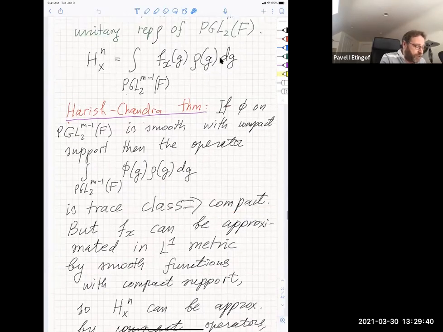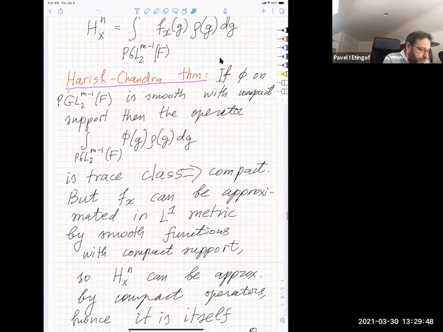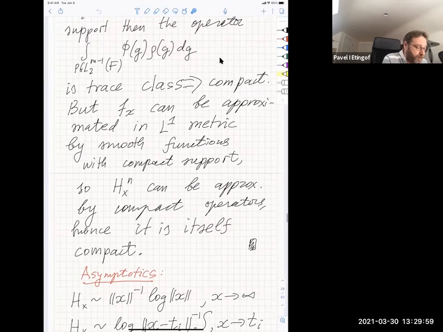But now, this is not quite what we need, because this fx of g is not a smooth function. It's just an L1 function. But it can be L1 approximated by smooth functions with compact support. And therefore, this hx to the n can be approximated by compact operators in operator norm. And therefore, it is itself compact, although it may not be trace class, because it's a limit of a sequence of trace class operators.